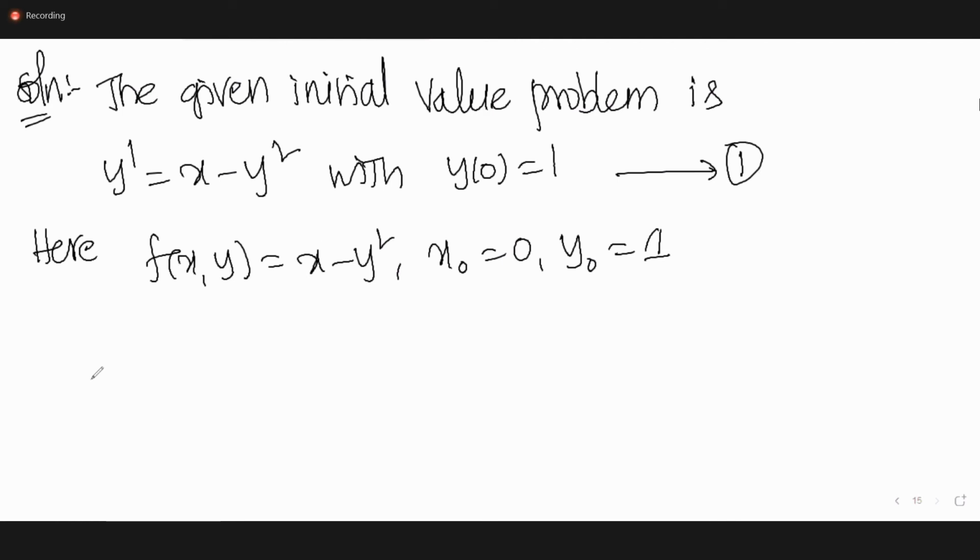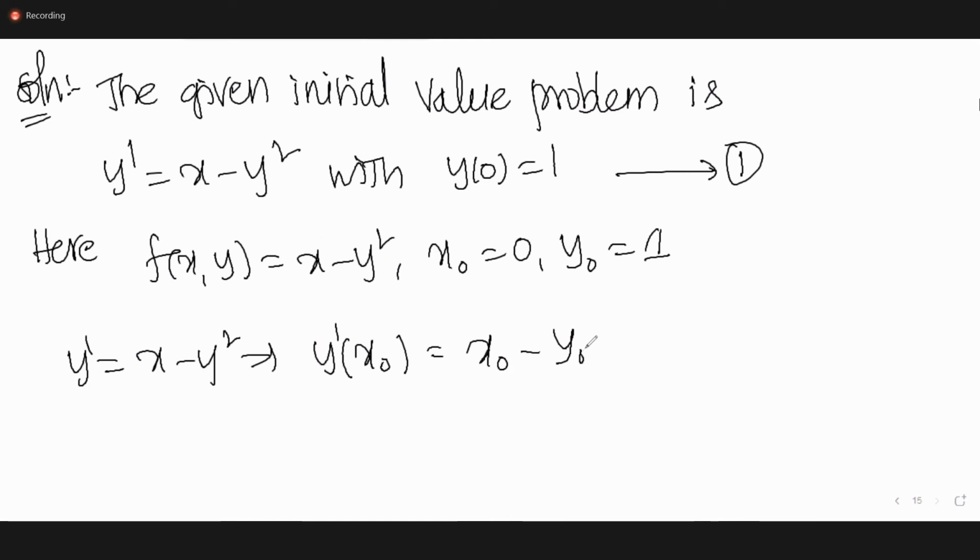So first find the derivative. So y dash is equal to x minus y square. So y dash of x naught is equal to x naught minus y naught square. For the x naught value 0, y naught value 1, 1 square is 1, so minus 1.